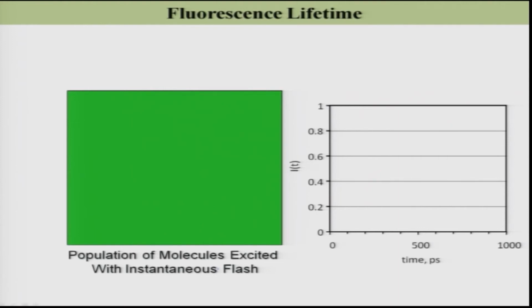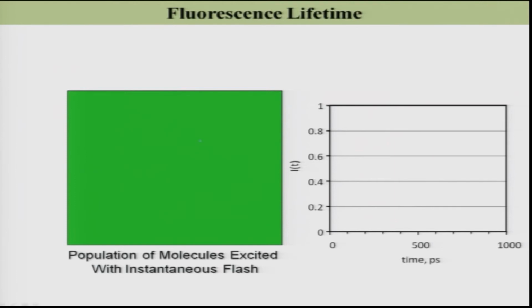So, immediately all the molecules are taken into the excited state. Ideal situation, the real situation I will come to later. Now, the green color represents molecules in the excited state. If you look at the fate of these molecules, they will come back to the ground state, but not all of a sudden.